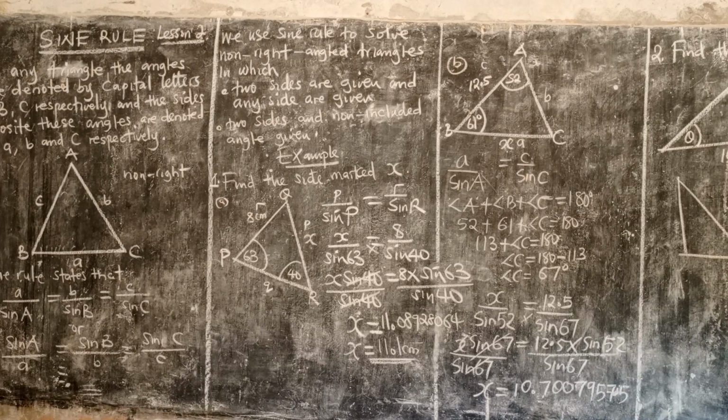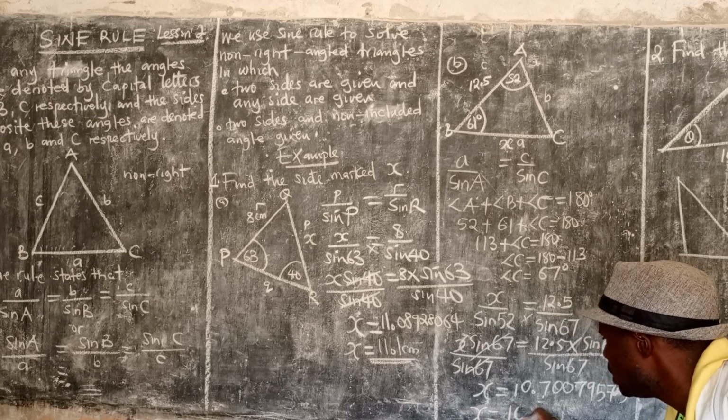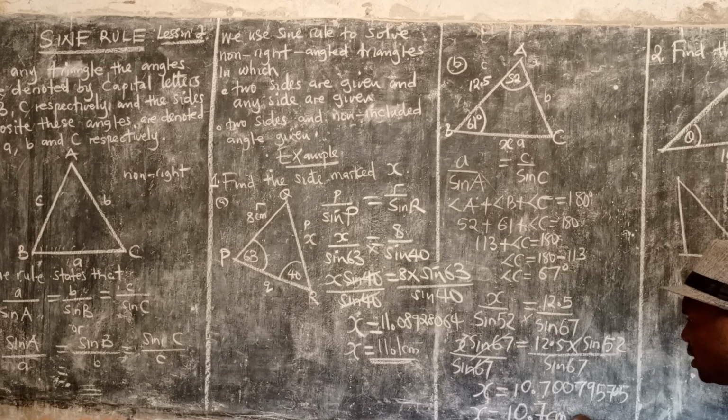We're supposed to give how many significant figures? 3. So x is equal to 10.8, in centimeters.